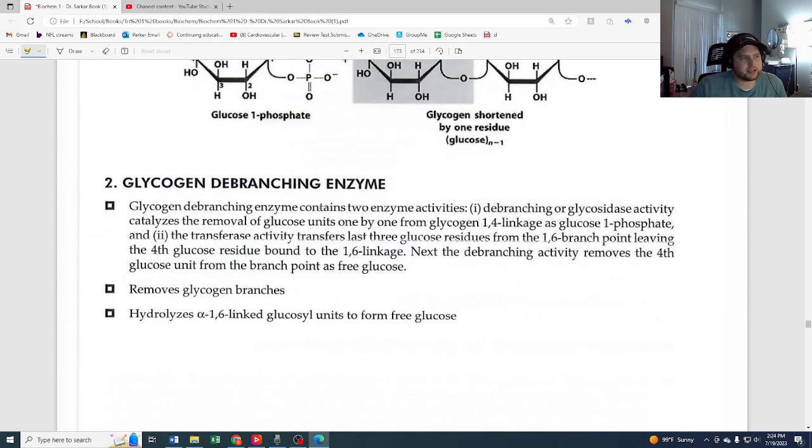The glycogen debranching enzyme contains 2 enzyme activities. 1, debranching, or glucosidase activity, catalyzes the removal of glucose units one by one from glycogen 1,4 linkage as glucose 1-phosphate. And 2, the transferase activity transfers the last 3 glucose residues from the 1,6 branch point, leaving the 4th glucose residue bound to the 1,6 linkage. Next, the debranching activity removes the 4th glucose unit from the branch point as free glucose.